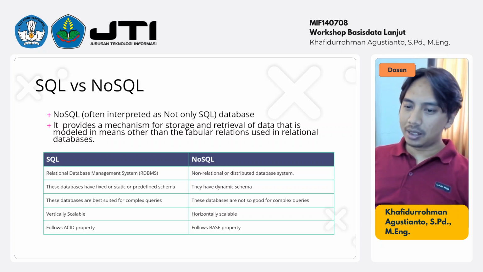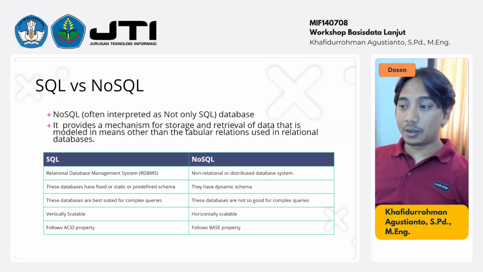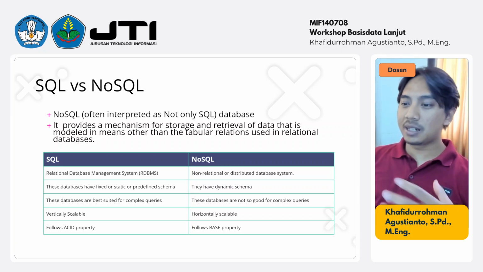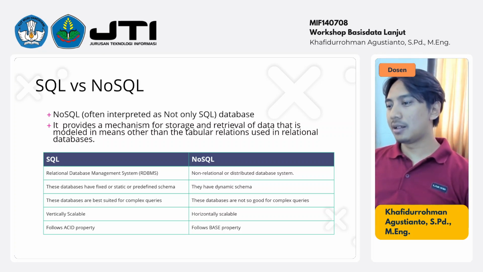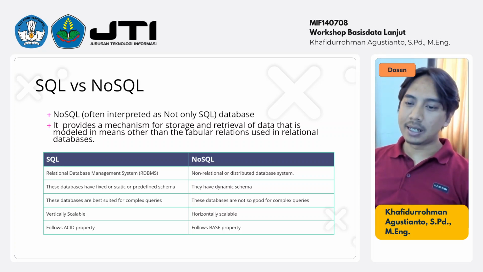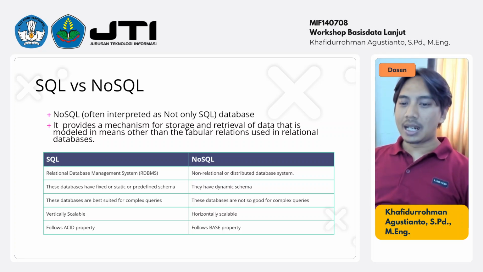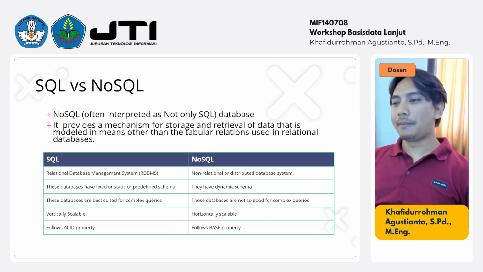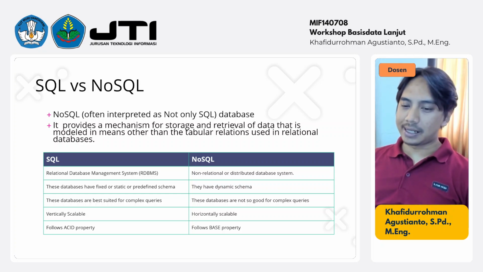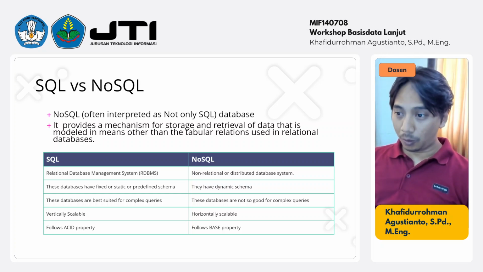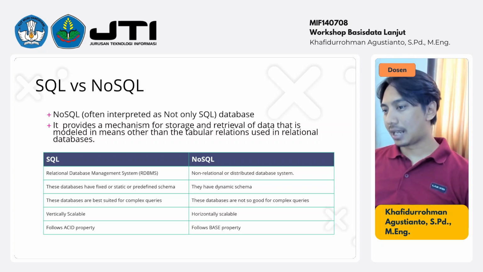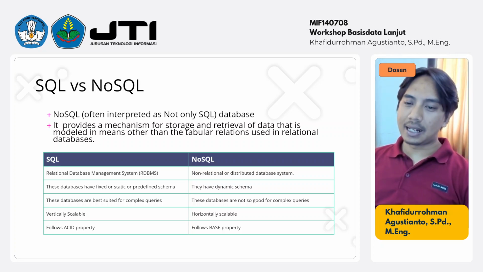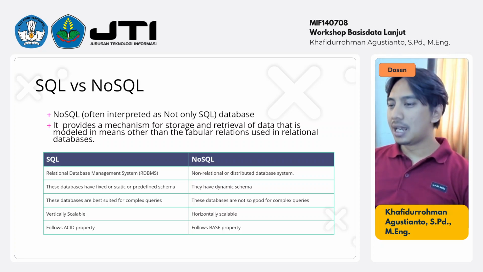It means that you should not have to predefine the schema. It depends on your data or your input. Then SQL databases are best suited for complex queries, but NoSQL databases are not so good for complex queries, although NoSQL supports SQL. Exactly. And SQL is vertically scalable and NoSQL is horizontally scalable.